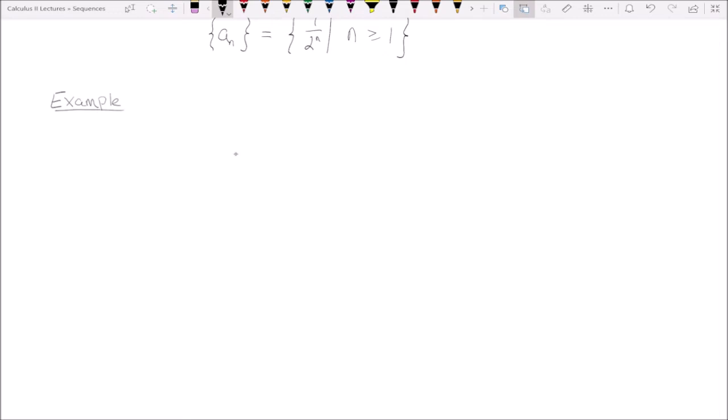Not every sequence can be given by a function, right? So to see this, consider this sequence. All right, general term f of n.